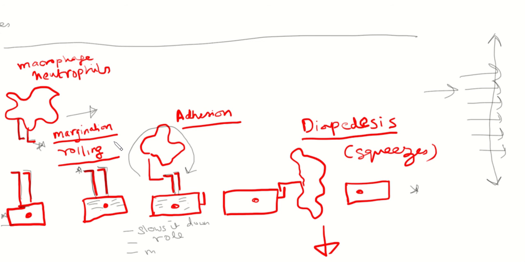Now, once we are able to get this white blood cell close to the wall, even though there's flow, you can see that this attachment prevents it from just flowing away. In fact, it helps it rotate.